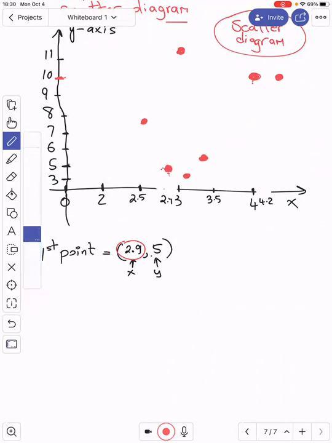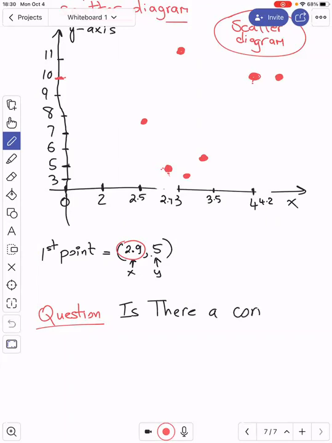Now the question is the following. Is there a relationship or a connection or a correlation between the variable x and the variable y?